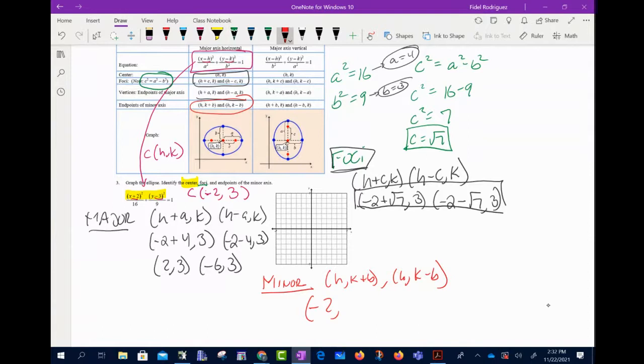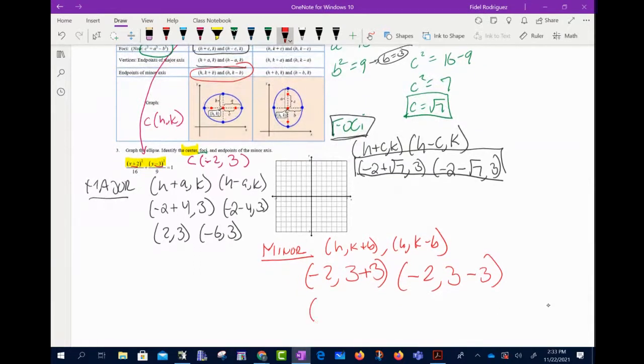K happened to be the number 3. B was also 3. So with h negative 2, k 3, and b 3, this looks like it's going to be negative 2 and 6, and negative 2 and 0.